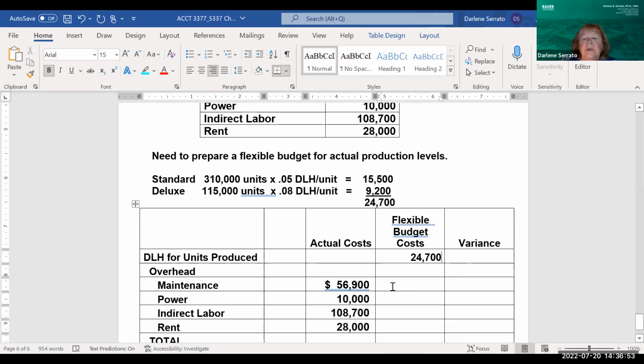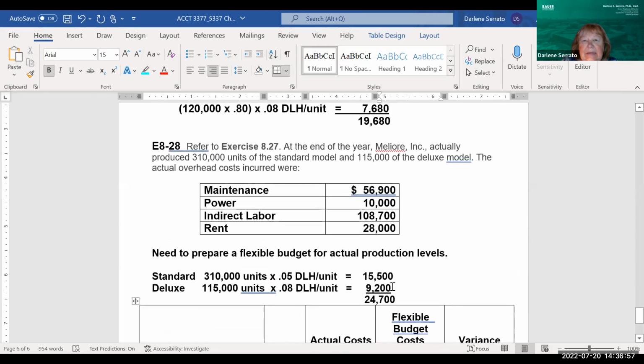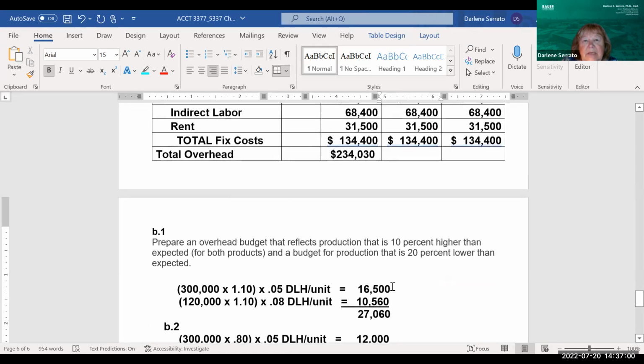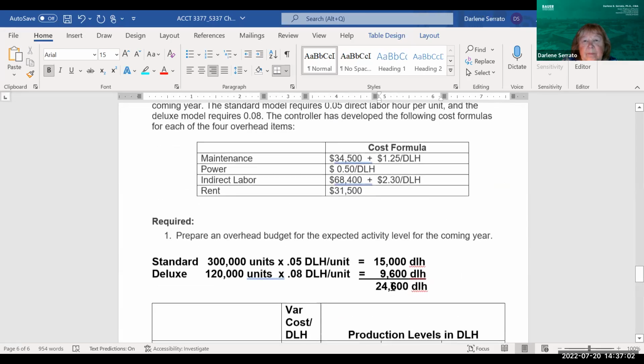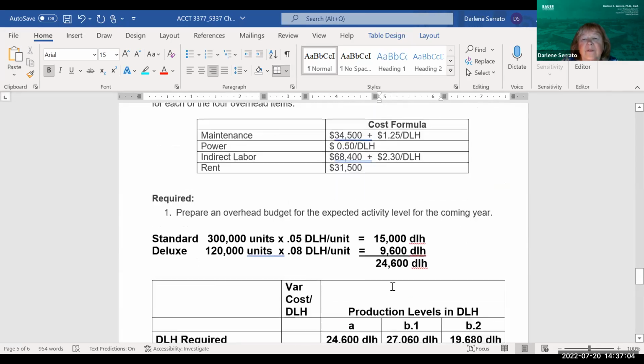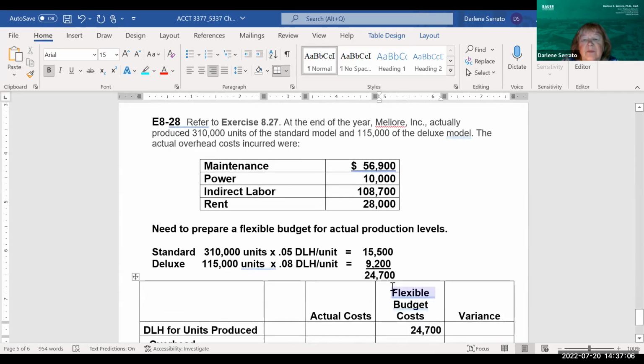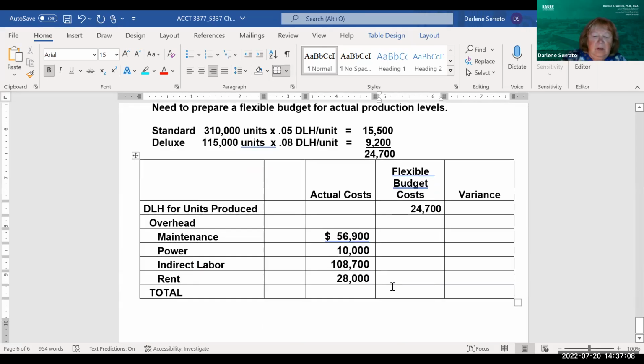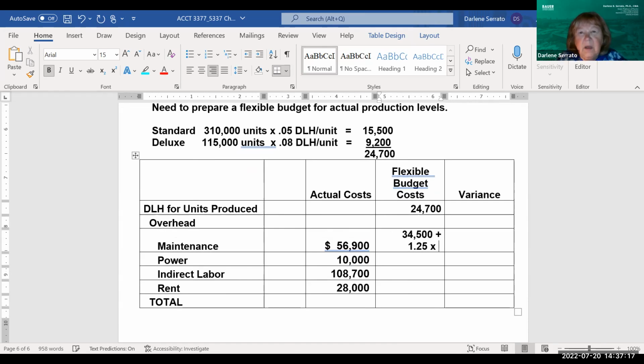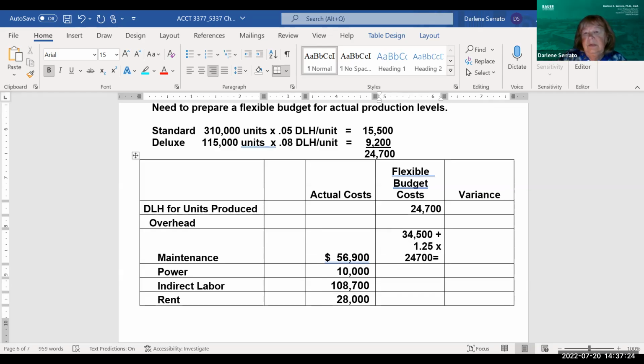Okay, so for maintenance, what was the maintenance? 34,500 plus 1.25 times 24,700 equals.